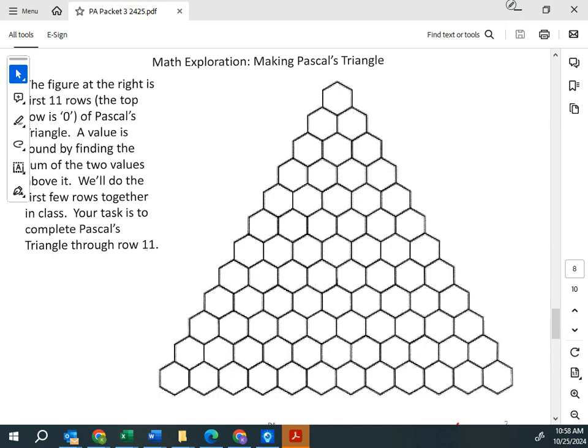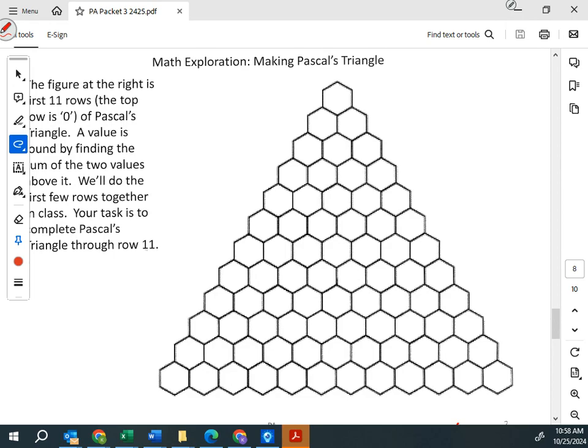A value is found by finding the sum of the 2 values above it. We'll do the first few rows together in class. So we're going to do it right now, the first few rows, and then you are going to complete it on your own. Okay?